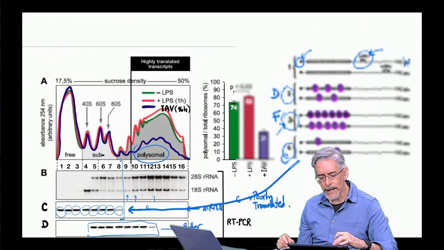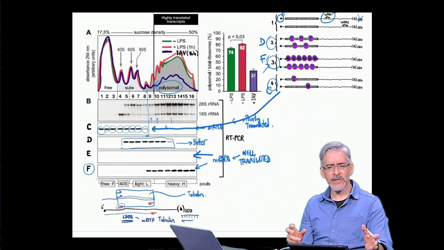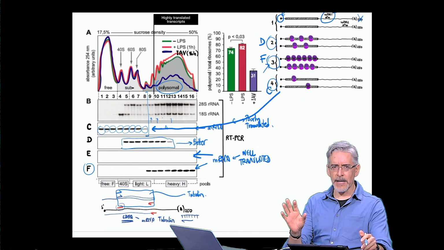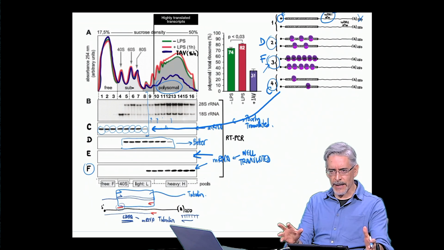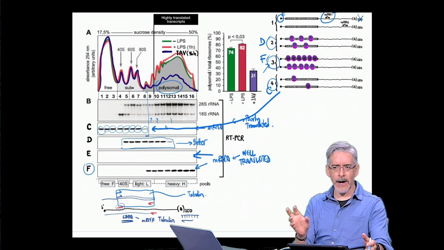All right, I hope that this gives you a sense of how we can assess translational efficiency for any given messenger RNA. This is just one of many methods that allow you to do this. This is a more classical approach. There are other methods that are now very widely used that depend on the direct sequencing of RNAs that are protected by ribosomes.